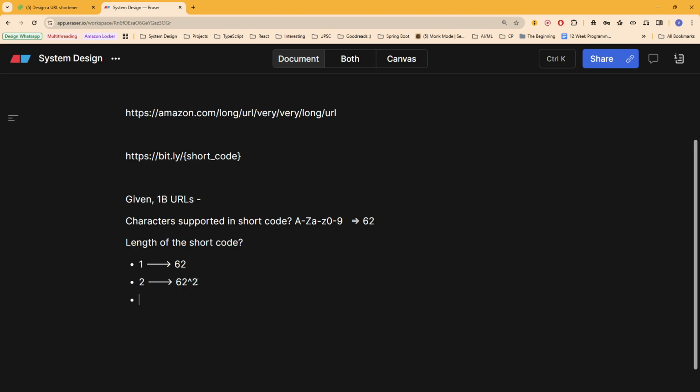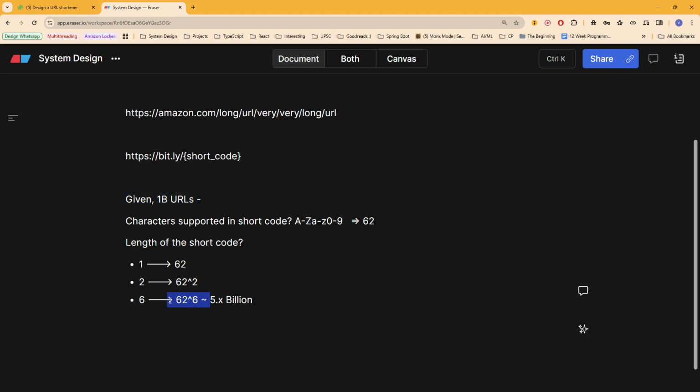If we keep on doing this, if you take the length of the shortcode as 6, you can support 62 raised to the power of 6 URLs, which comes out to some 5.x billion. We only had to support 1 billion URLs.